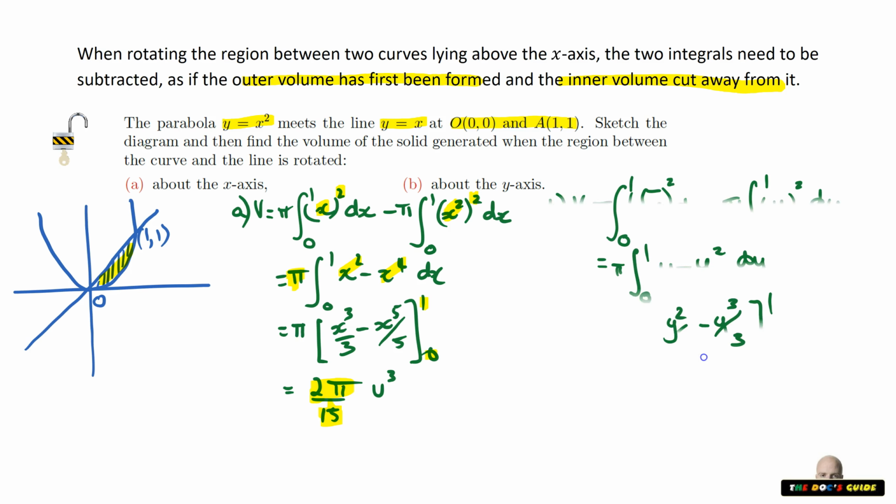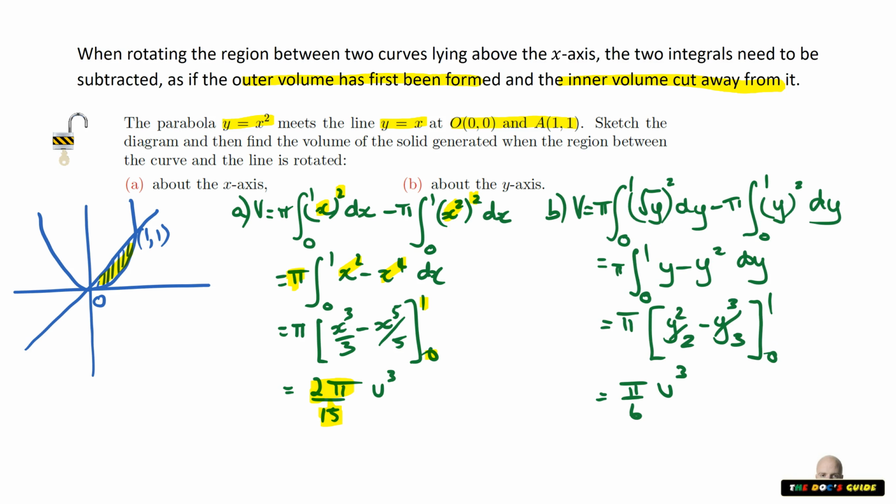Now, it's a bit of a challenge imagining that shape, but it helps if you try it. If we take that shape and rotate it around the y-axis, then the similar technique is that we've got pi times the integral from 0 to 1, and this time, when we're going around the y-axis, the outer shape, or the bigger volume if you like, is formed by the parabola. So if we take y equals x squared and we make x the subject, we get root y, and we're going to square that root y to get y down here.